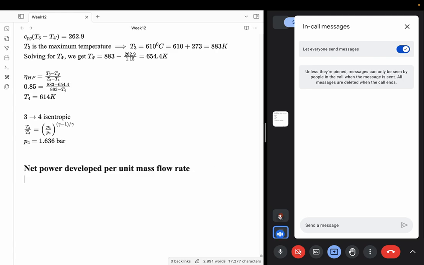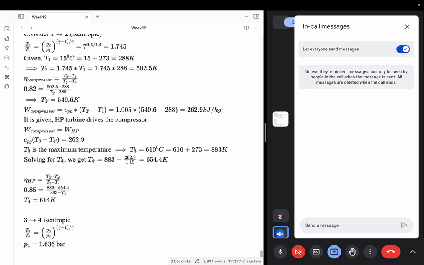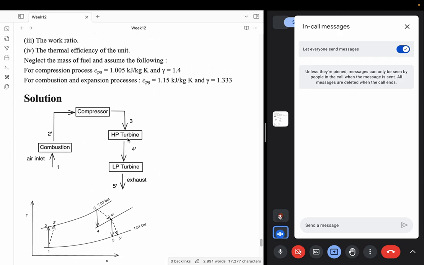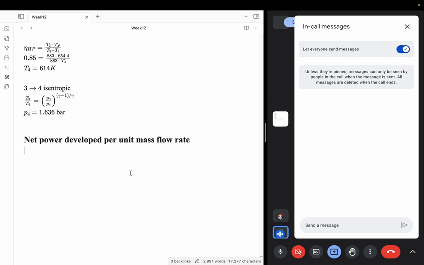So this is again straightforward. What is the net power rate? There are two turbines. This is also generating power, and this is also generating power. The power generated by the first turbine is used to drive the compressor, so from there you will not get any work output. The net work output is only from the turbine part. So how do I calculate the power output?